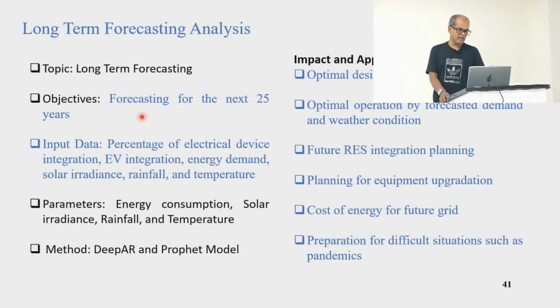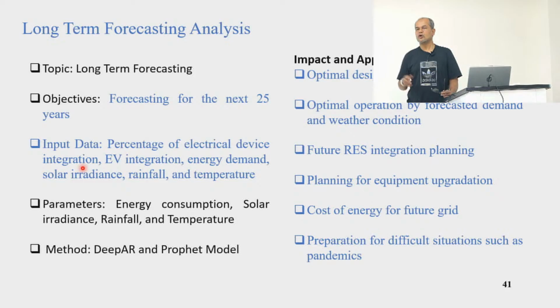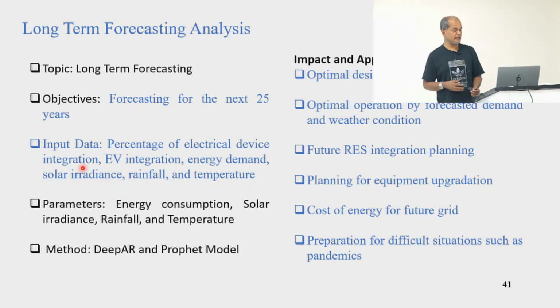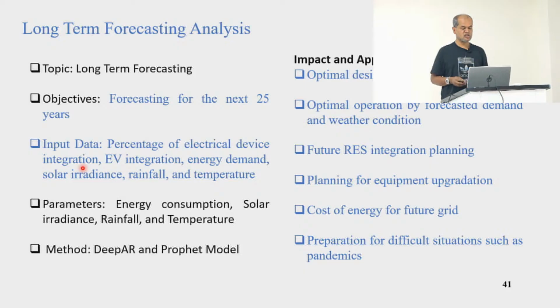We take the percentage of different electrical device integration. It's not only household appliances, right? So you might have different electrical, electronics devices. So we did consider, by talking with different stakeholders, that in that particular area, based on their experience.